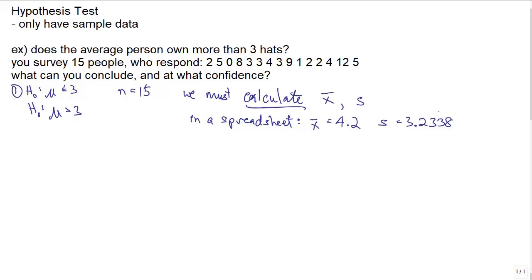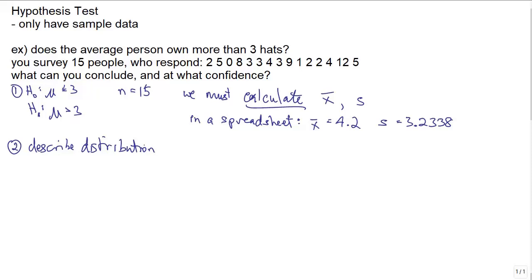So now we've got our basic information, and at this point this more or less reduces it to the previous sort of problem that we've seen, but let's just keep going through it. So now step 2 is describe the distribution.